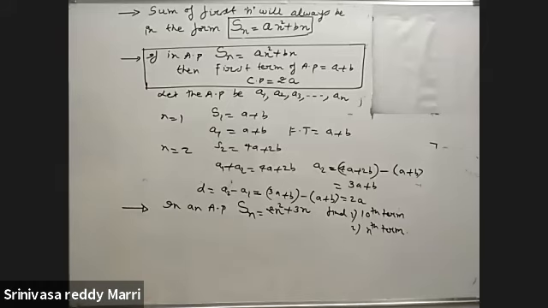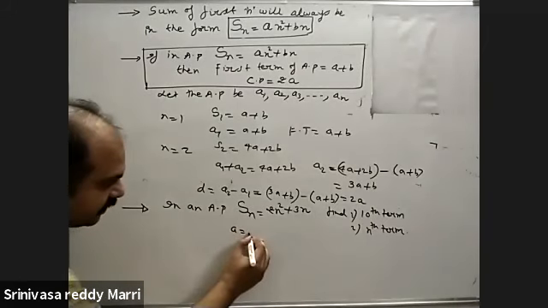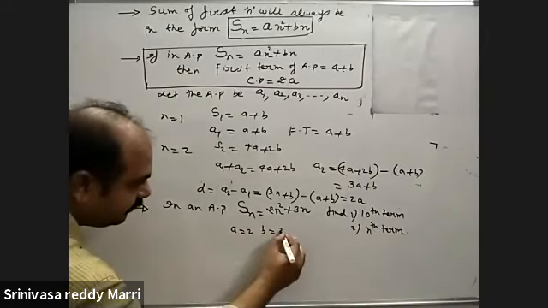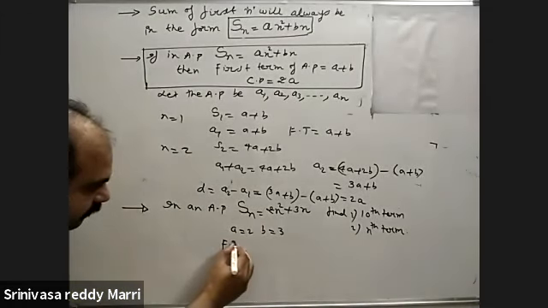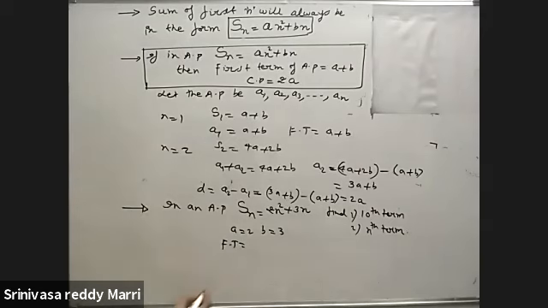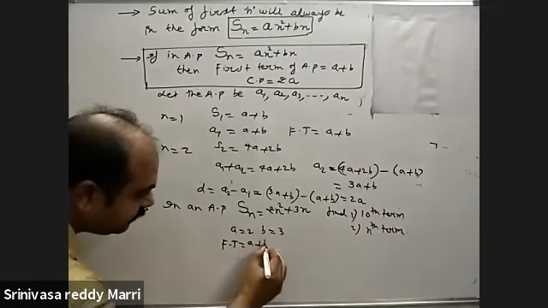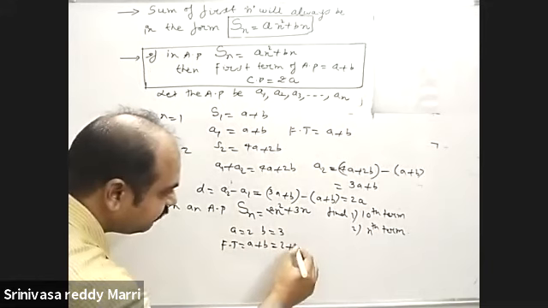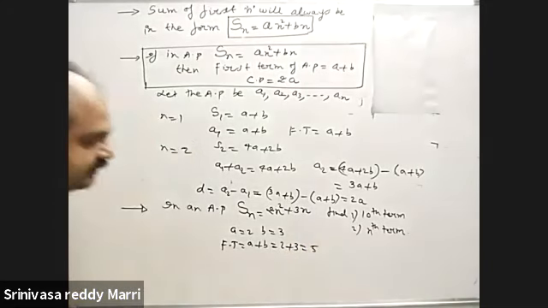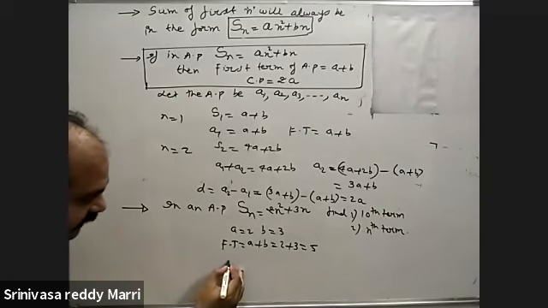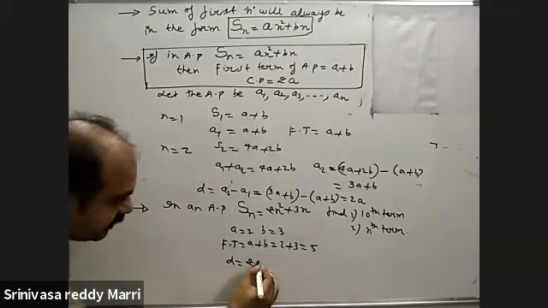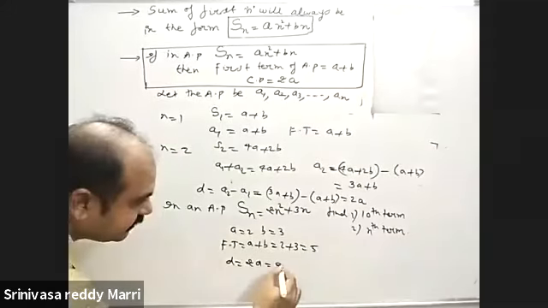Here A is 2 and B is 3. The first term of that AP is A plus B, which is 5. The common difference is nothing but 2A, which is 4.